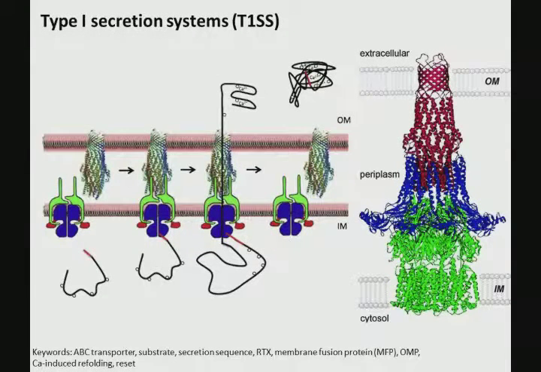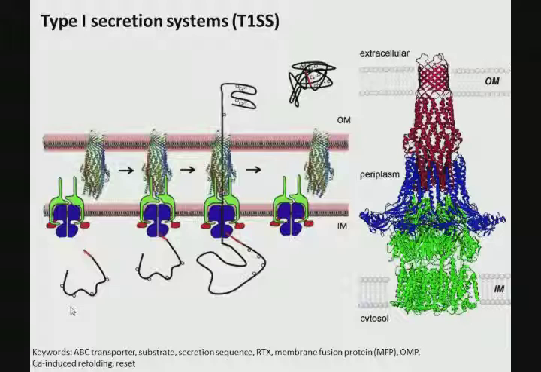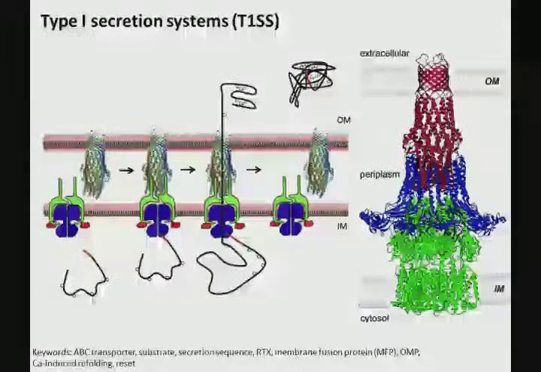Right, so type 1 secretion systems can transport incredibly big proteins sometimes. What's depicted here is the translocation of an RTX toxin, which occurs in things like Vibrio cholerae. We have talked a little bit about that. It consists of an ABC transporter subunit. This is the substrate down here.